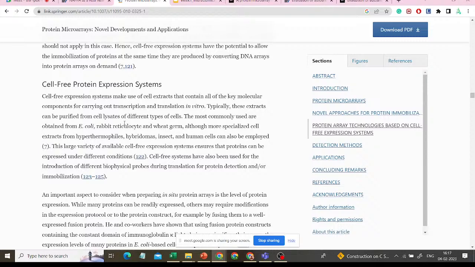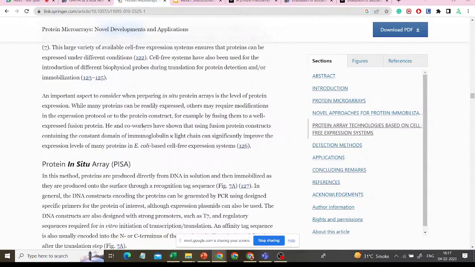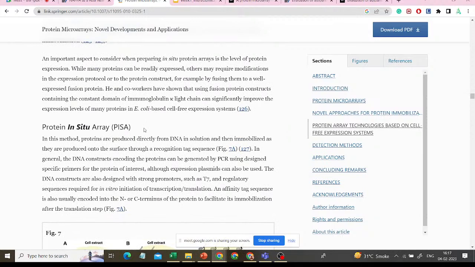In cell-free expression, you just take the cell extract to carry out transcription and translation in vitro, extracted from E. coli, rabbit reticulocytes or wheat germ. This provides all the factors needed for transcription and translation. Using just cell lysate, you can print and immobilize those proteins, and then finally find out the expression level changes you are checking.